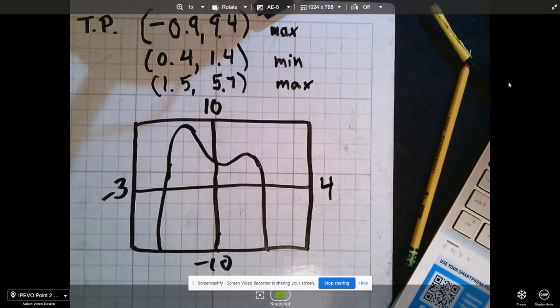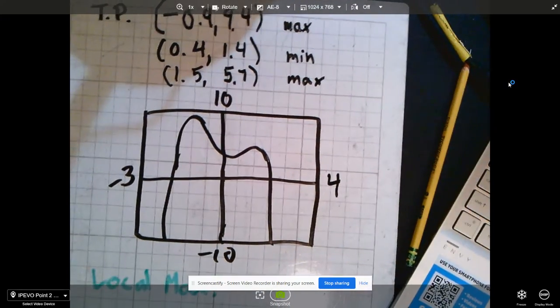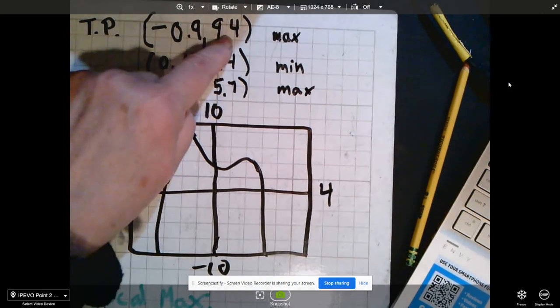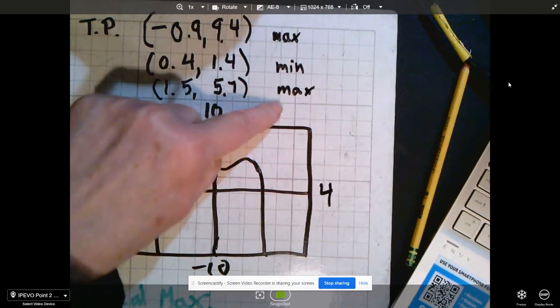So now the question asks, what are the local maxes and local mins? My local max or my relative max, those are the same things. Those are going to be the Y values of my turning points. Well, I have 2 maximums, so I'm going to have 2 local maxes.